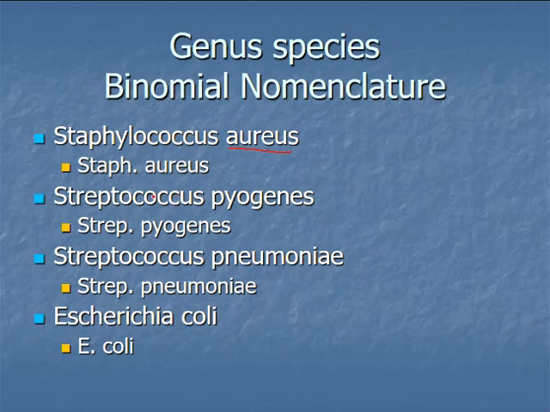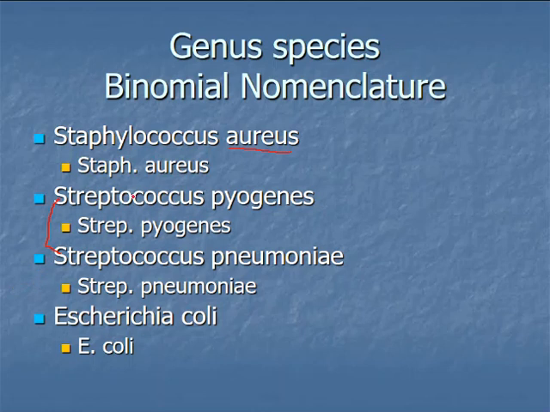Streptococcus is spherical shaped in chains. So a little bit of difference between Staphylococcus and Streptococcus. But here again, we can have different types of Streptococcus. So these two have the same last name. Both of these are Streptococcus.